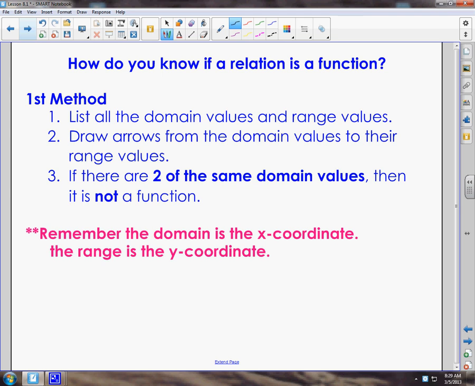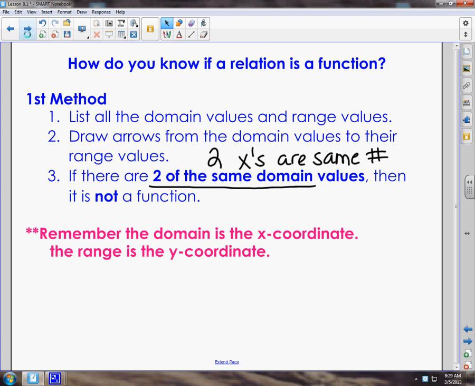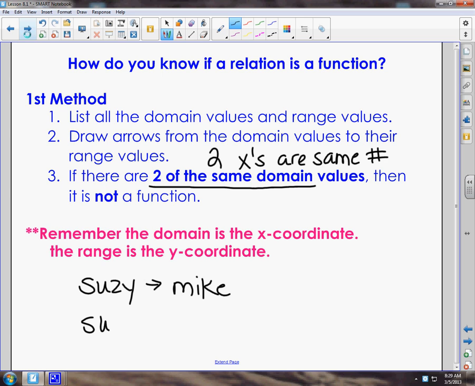So if there are two of the same domain, or if there are two x's that are the same number, then it's not a function. It's like if I paired all of you guys up with partners, okay? If I had Susie with Mike, and then I paired up Susie with Joe.